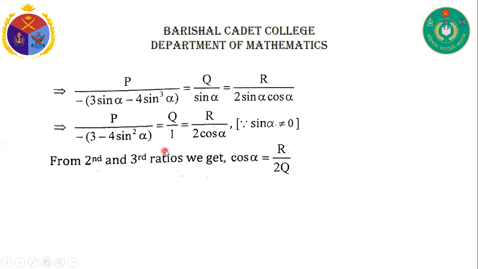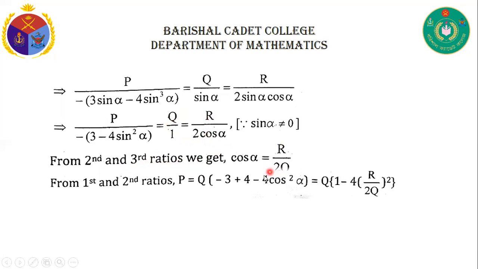From the second and third ratio, we get cos alpha equal to R by 2Q. And from the first and second, we get P equal to Q times (minus 3 plus 4 minus 4 cos square alpha). We just use the formula of sine square alpha and cos square alpha.